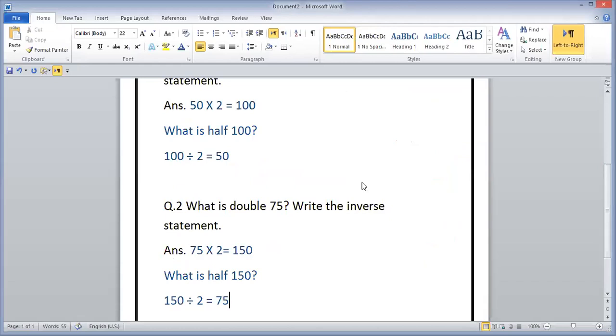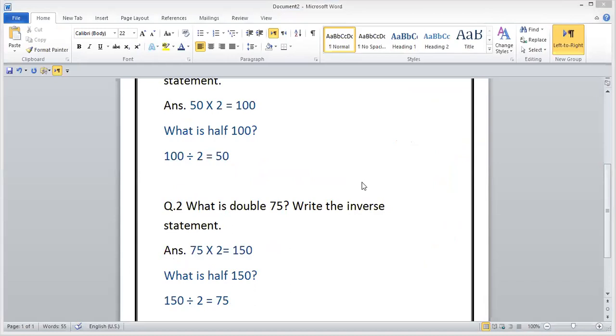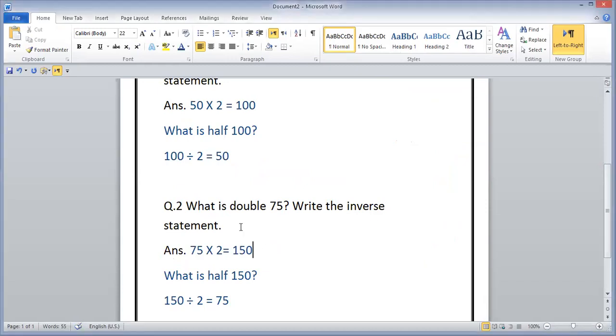Is it clear, guys? Yes, sir. Very good. Again, I repeat how you complete it. In order to find out the double, you multiply it by 2. You multiply 75 by 2, you find 150. Now you have to write the inverse statement.